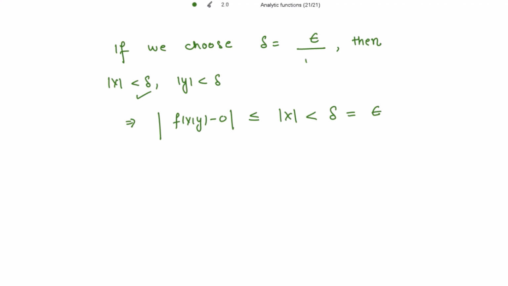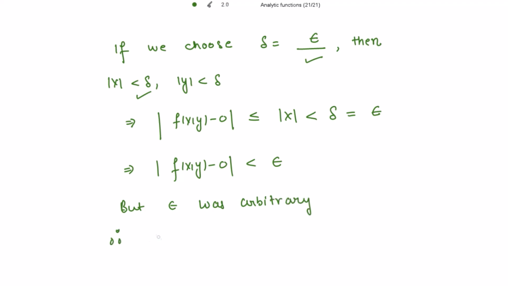So choosing delta to be equal to epsilon, we get the mod of f(x, y) minus 0 to be strictly less than epsilon. And because epsilon was arbitrary, therefore the limit as (x, y) tends to (0, 0) of f(x, y), I'm using the definition for this, is equal to 0.